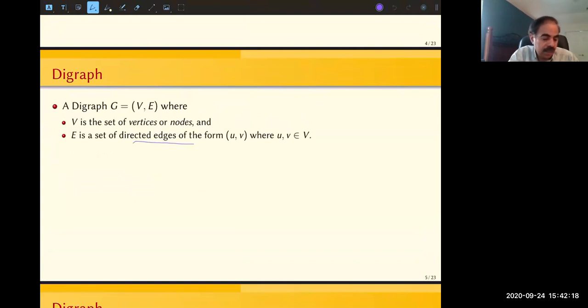Relations on a single set can be represented conveniently in the form of a graph, where you have things called nodes. We have an example here. So this is a graph, and we can have arrows between them.